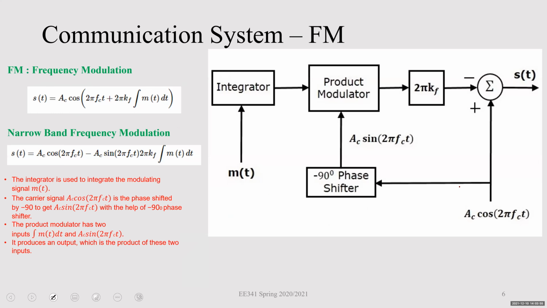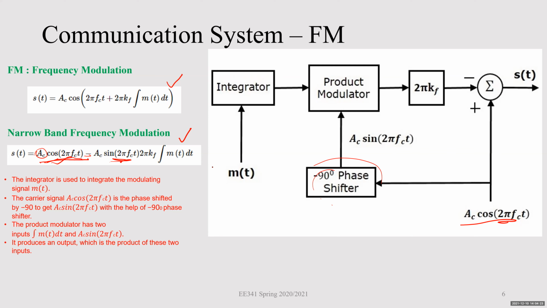So this is the frequency modulation mathematical equation, and then this is the narrow band frequency modulation equation. What you see here is your first waveform minus the shifted version. This is this one, and here this is shifted by negative 90 degrees.